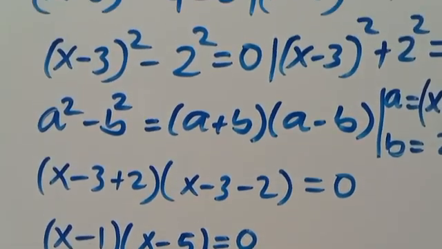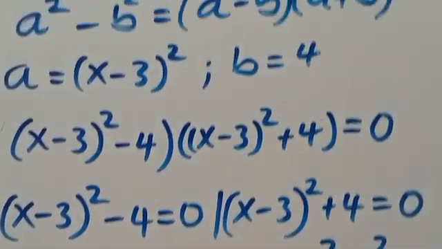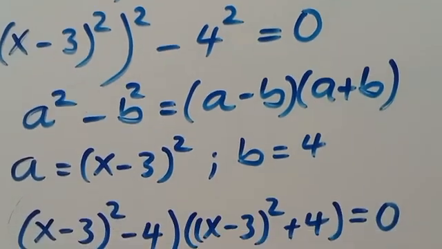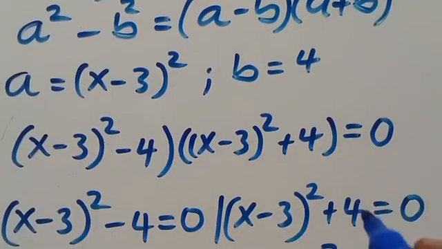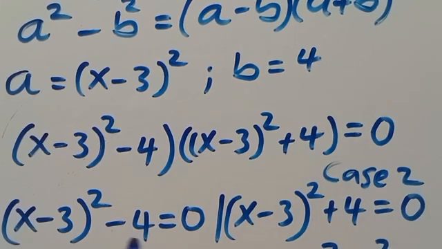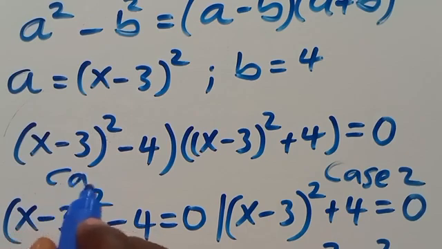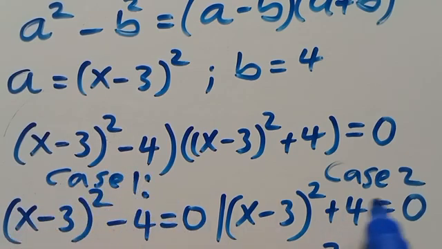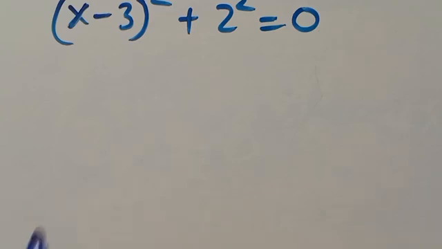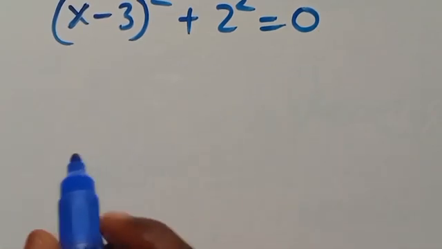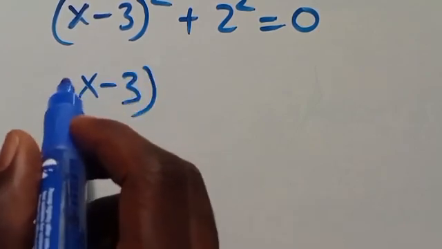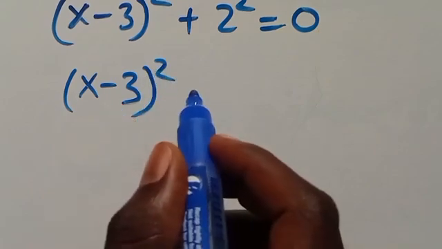Then let's solve for the case 2. This one is case 2, but we have this to be case 1. Now from this case 2, we have x minus 3 in parentheses to the power of 2.